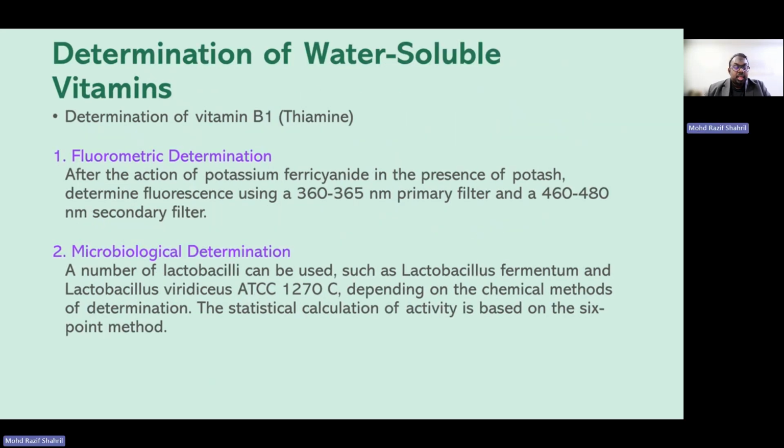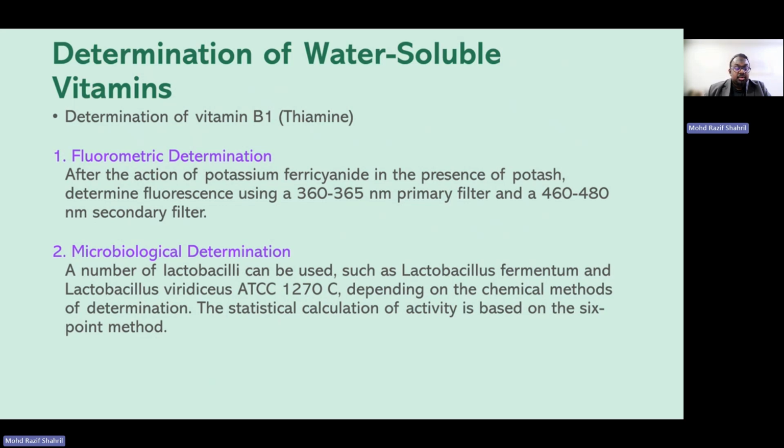Now let's look at how we specifically determine vitamin B1 or thiamine. We have three main avenues. First is fluorometric detection, where after applying potassium ferricyanide in the presence of potash, we determine the fluorescence using a 360 to 365 nanometer primary filter and a 460 to 480 nanometer secondary filter.